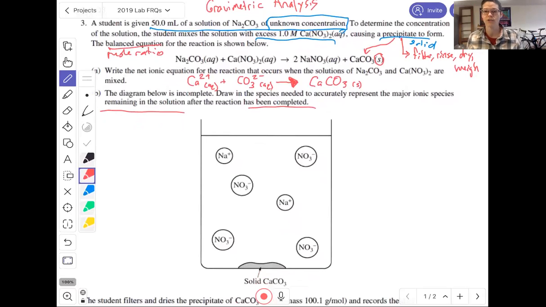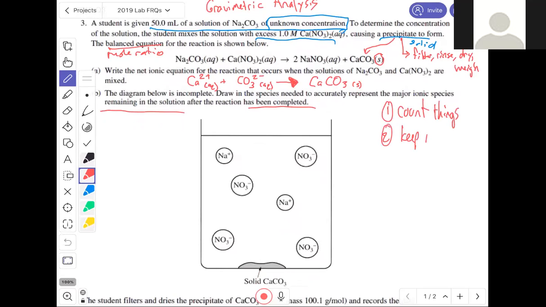And in a particle diagram, we always need to make sure that we count things, and that we keep any ratios, right? So any ratios from a balanced equation, from a formula, from a charge, anything like that. So if I've got solid calcium carbonate at the bottom, what needs to be in this solution? Count stuff. What do we have?